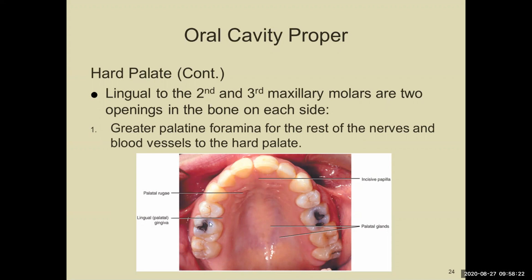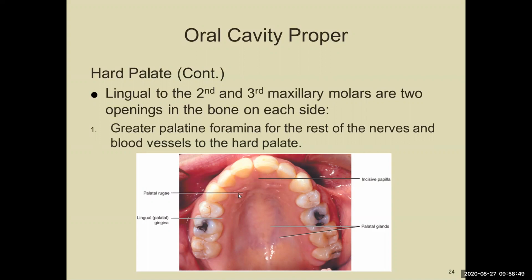Okay? This is your palatine gland here, but you've got the greater palatine foramina right here. And that injection is called the GP for greater palatine. I used to think that it was a secret language that only people who gave injections knew about, but it's not.